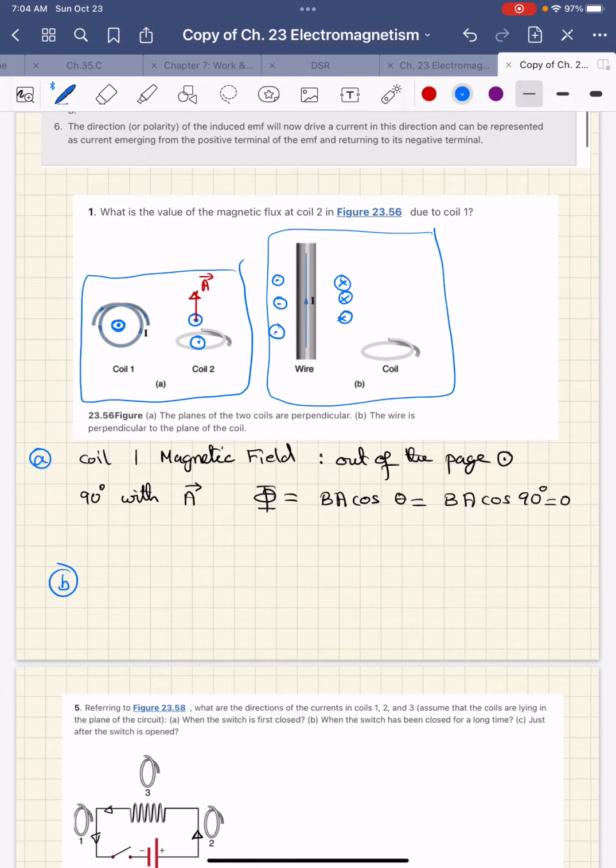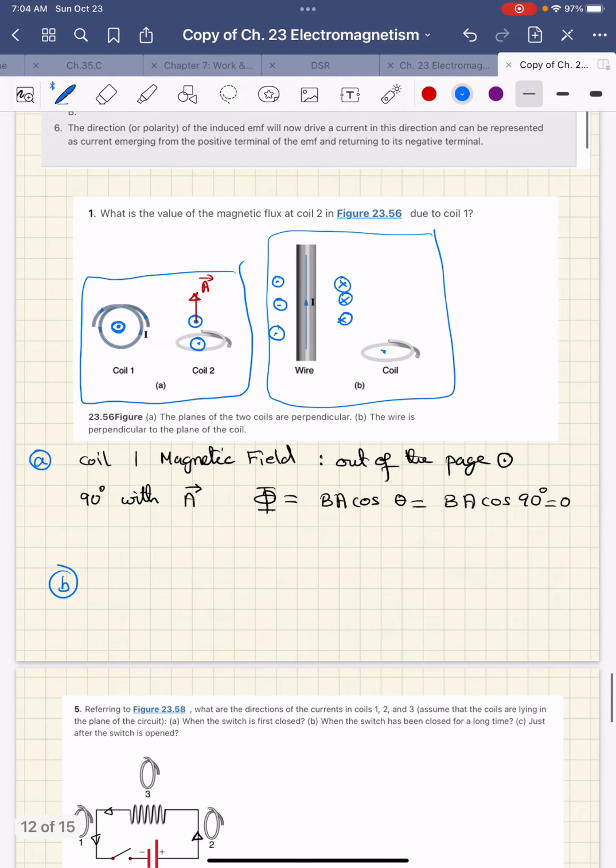Then here it is going to be into the page, and the area for it is going to be like this, and therefore also theta equals 90, and then phi is going to be 0, calculating the flux.